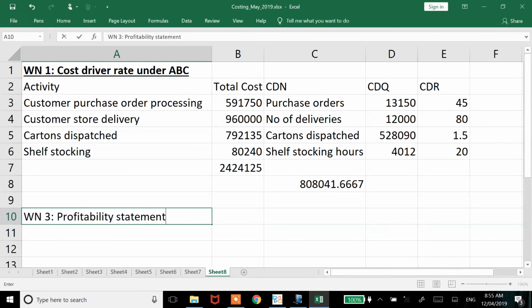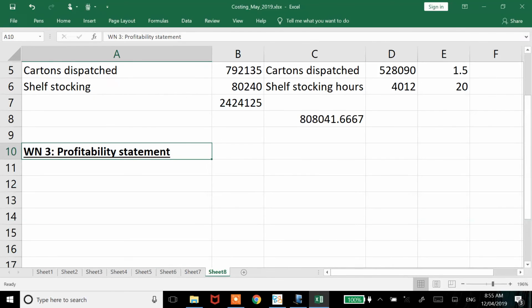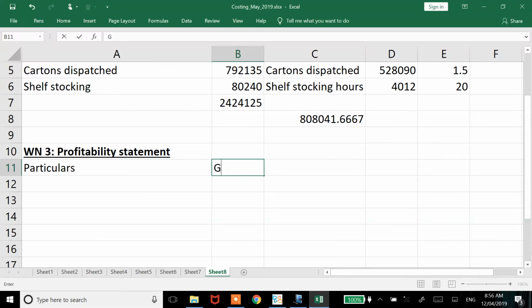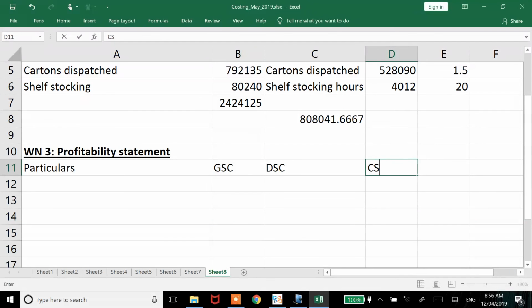Profitability statement. I'm not doing the part on apportionment of overheads because we are not going to learn anything new there. Particulars and 3 products: general supermarket chain, drugstore chain and chemist shops.